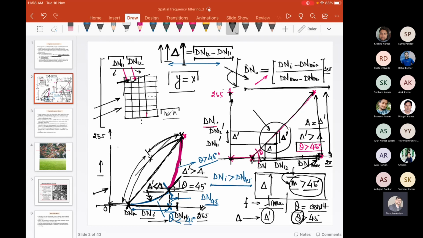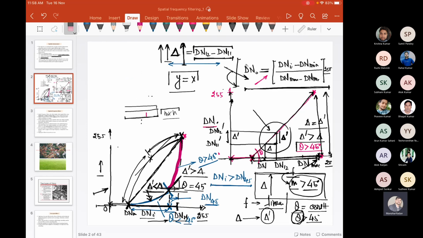If you remember the color assignment, that graph I would like to plot over here, then it will be more clear to you how the sets of gray colors are assigned on the basis of digital numbers.